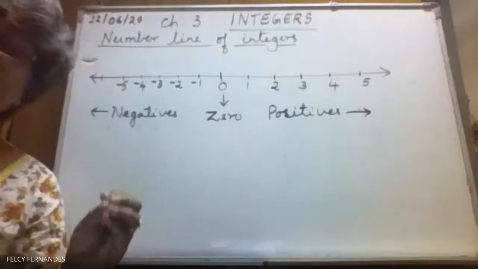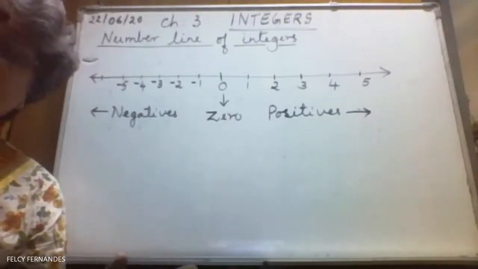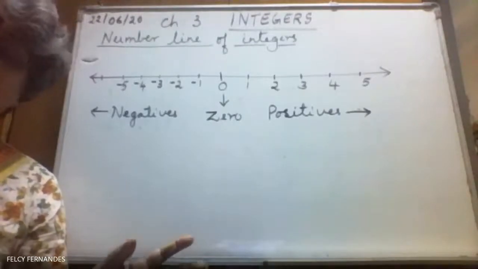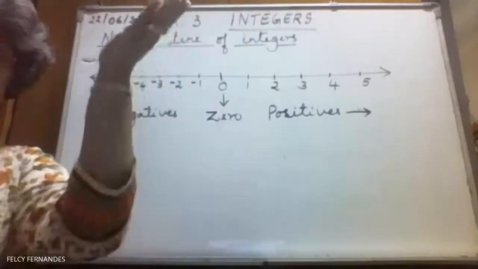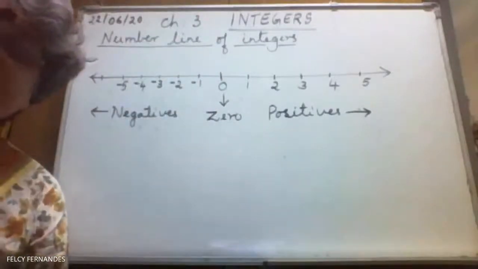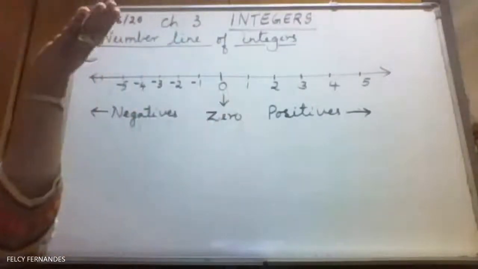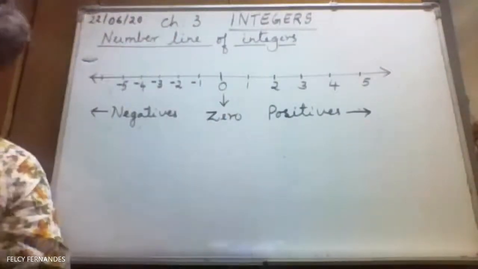Now, these are a few examples we come across in our daily life. So I can say going up is positive, coming down is negative. Rise in temperature, drop in temperature.